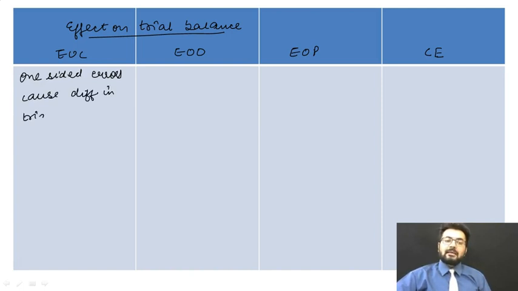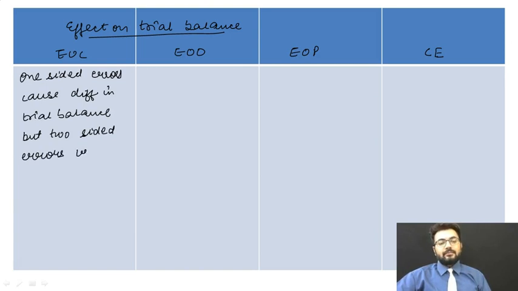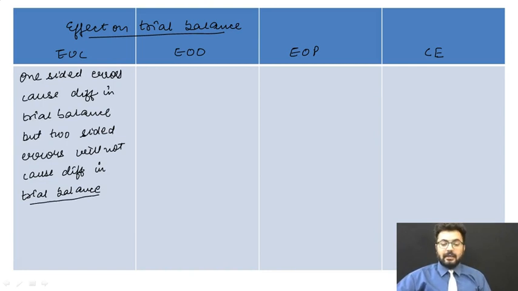Definitely the balance is going to vary. But two-sided errors will not cause difference in trial balance.